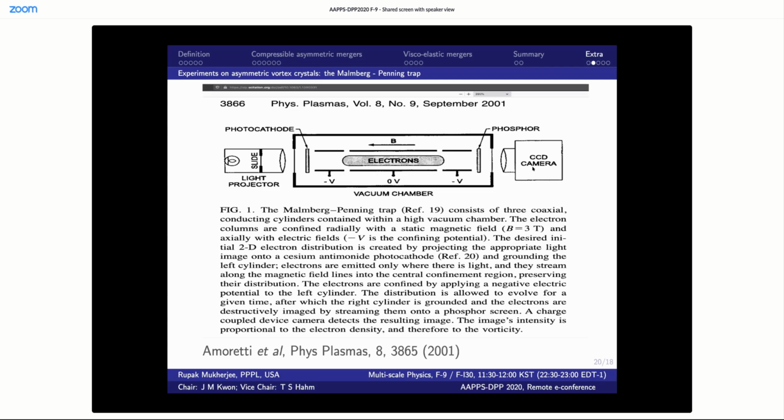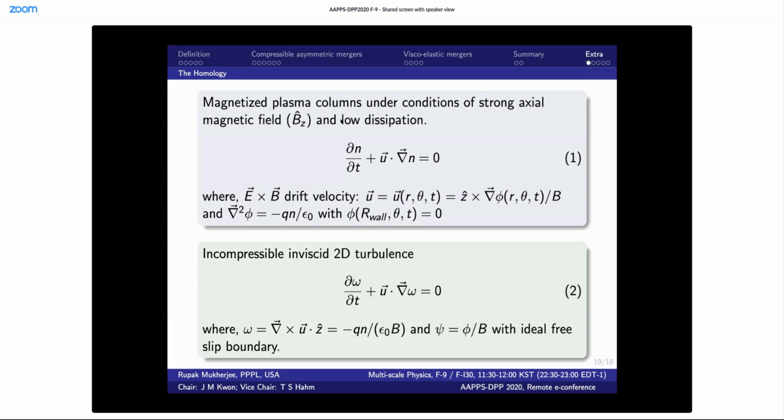But what is interesting here is that this is a plasma, and what I was talking about is a neutral fluid, because we know there is a homology between the ideal magnetized plasma columns in a strong axial magnetic field and incompressible inviscid 2D turbulence. So the equations look pretty similar up to some boundary conditions.